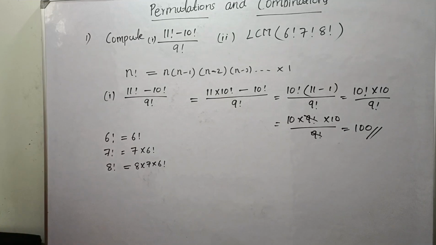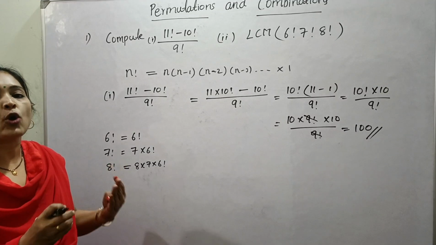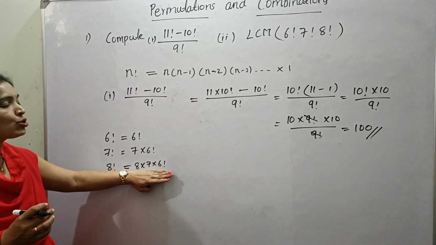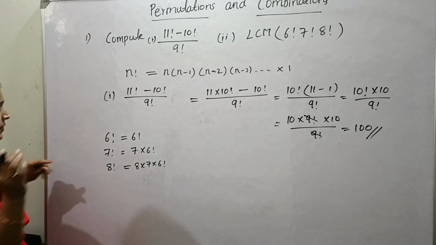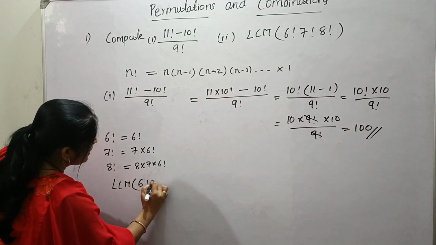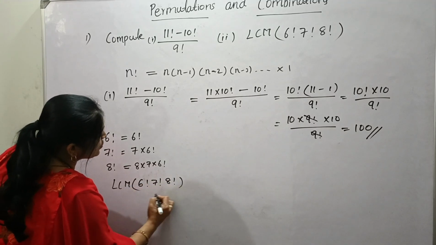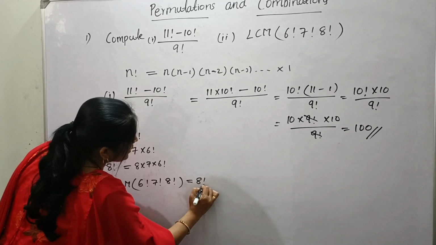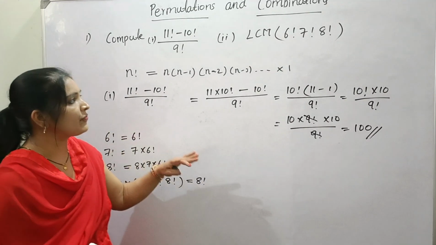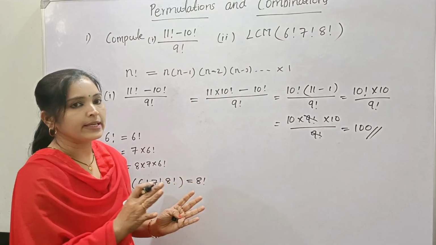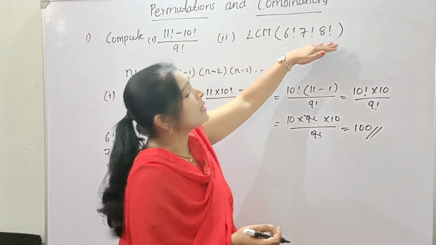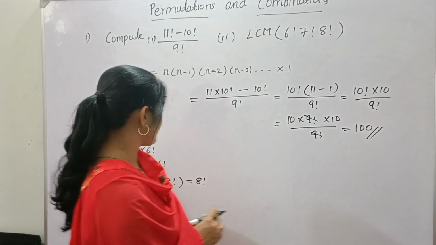So here we have to find the LCM, that is least common multiple of these numbers, that is nothing but 8 into 7 into 6 factorial. So LCM of 6 factorial, 7 factorial, 8 factorial is equal to 8 factorial. That is the largest among these numbers. That is the LCM.